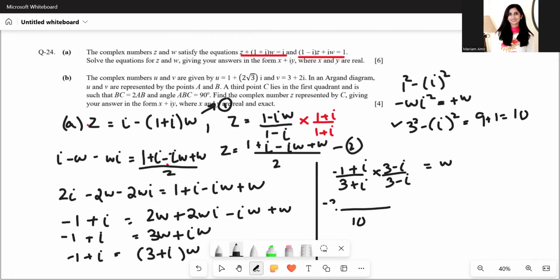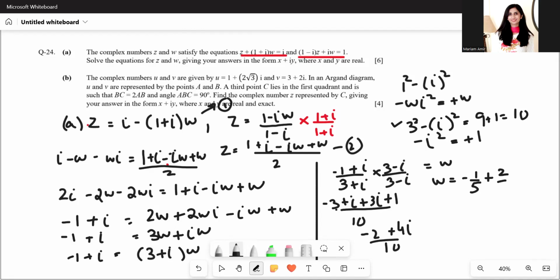Okay, so -3 plus i plus 3i and minus i squared is +1. So +1. So I'm getting -2 plus 4i over 10. That gives us w equals -1/5 plus 2/5 i after splitting the denominator.